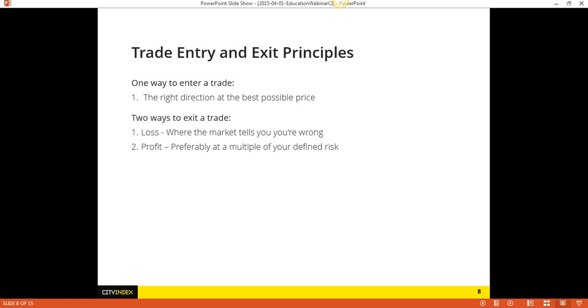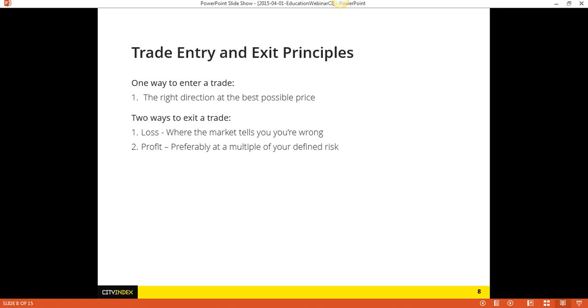If you're at 1 to 1, let's forget about the spread and everything, but let's say you're at a 1 to 1 reward to risk ratio, which means each profit on average is equal to your risk on average, then you need to have a trade success ratio above 50% in order to make money at all.